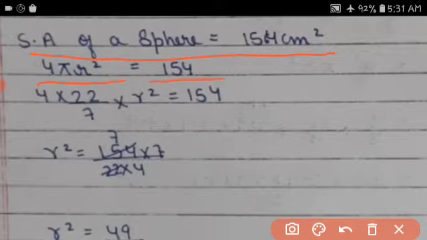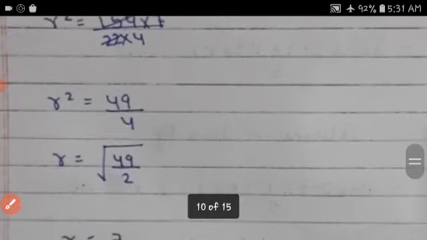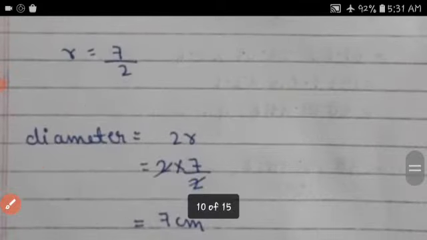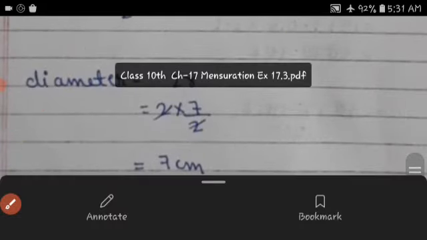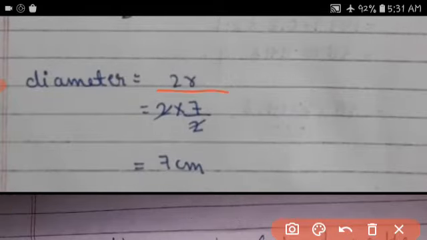Putting the value of pi as 22 by 7: 22 by 7 into 4 r square equals 154. 7 sevens are 49 upon 4. 49 upon 4 equals r square, so r equals 7 by 2, the radius. Now diameter is equal to 2r. 2 into 7 by 2, the 2 cancels here. So 7 centimeter is the diameter.